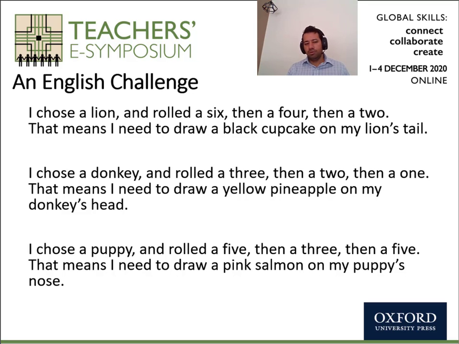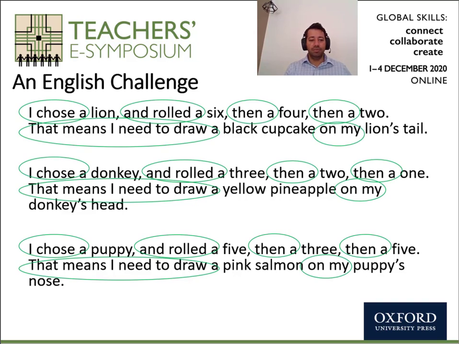So let me show you what's being repeated. Just circle those. I chose a something, animal, and rolled a number, then another number, then a third number. That means I need to draw a color something on my animal's body part, right?